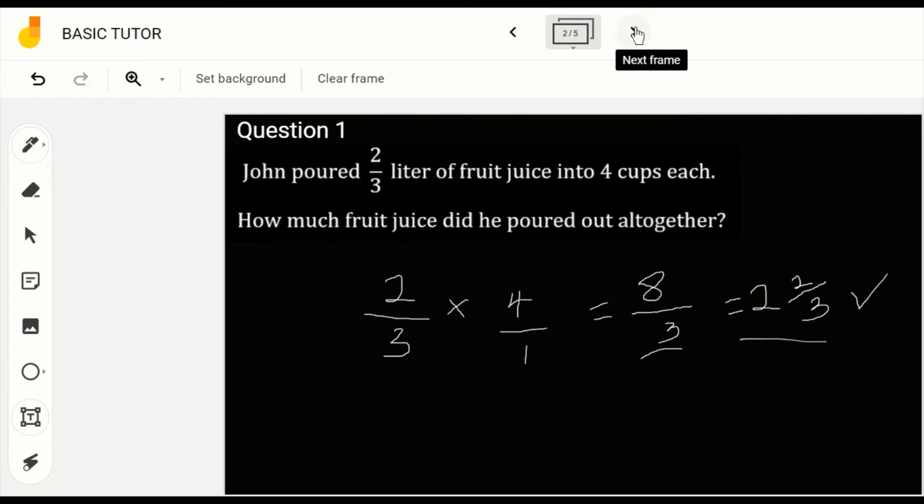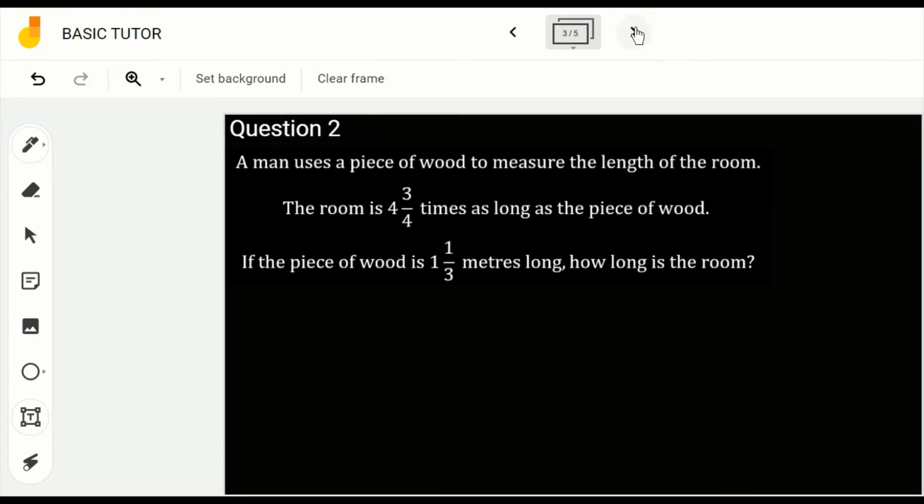Let's look at our next question. Question 2. We are told that a man uses a piece of wood to measure the length of the room. The room is 4 3/4 times as long as the piece of wood.